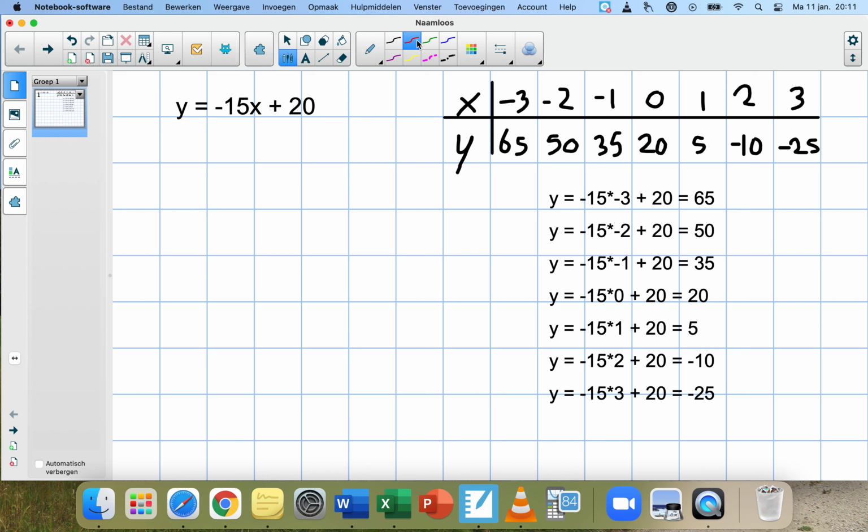Hopefully you can see with all these numbers that if the x value becomes 1 bigger, so 1 higher, then the y value will constantly become 15 lower.